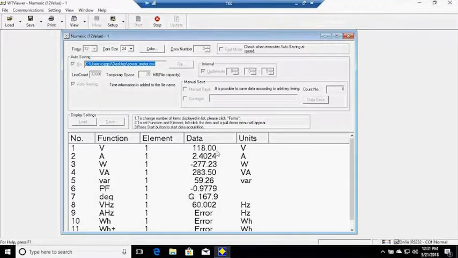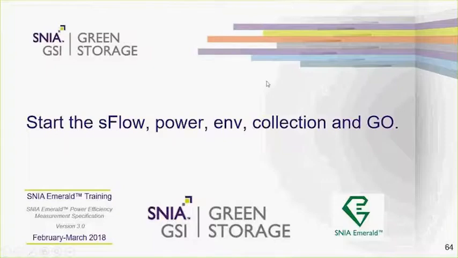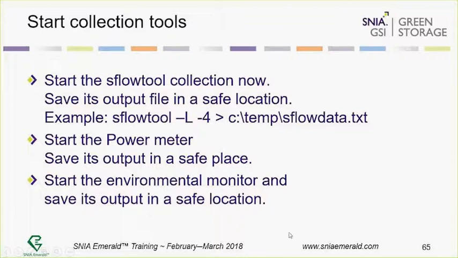And you can see the numbers are now moving around on the bottom. So he is actually collecting data right now. And then you would start your S-flow tool, start your power meter, start your environmental monitor. I don't have an environmental monitor in my lab, so I'm just going to pretend that I just started that one.